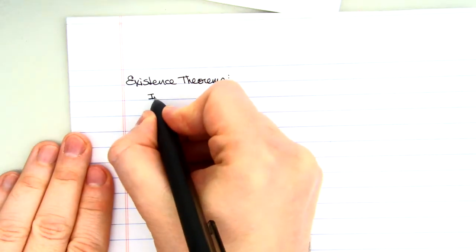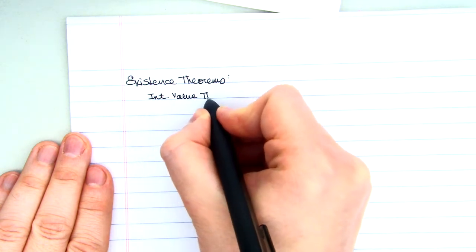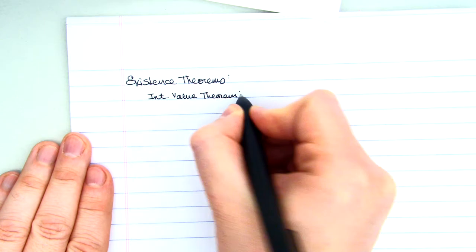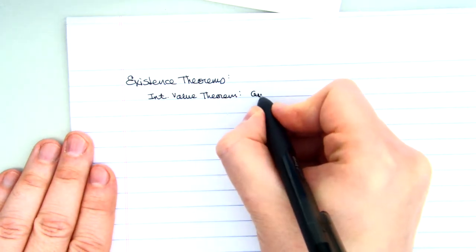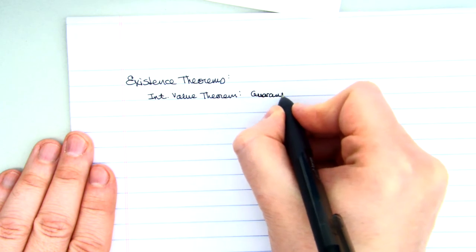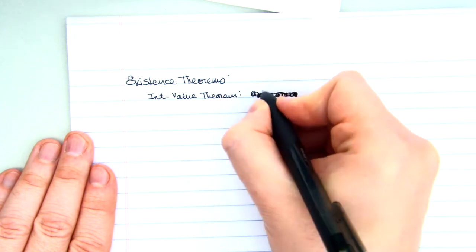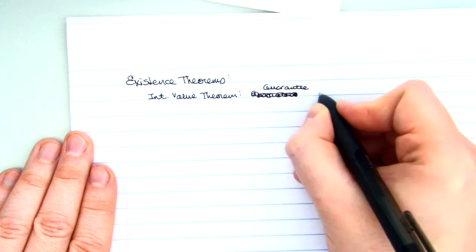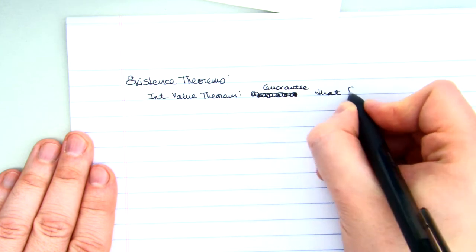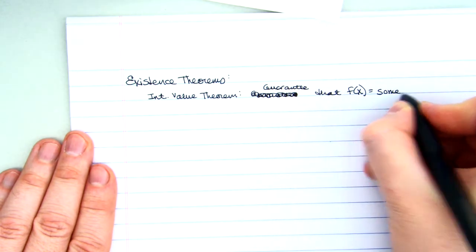Our intermediate value theorem was used to guarantee that our function would equal a specific y value. It was used to guarantee that f of x equals some particular value.